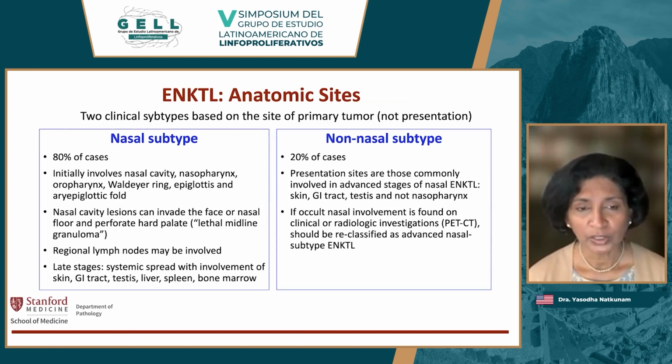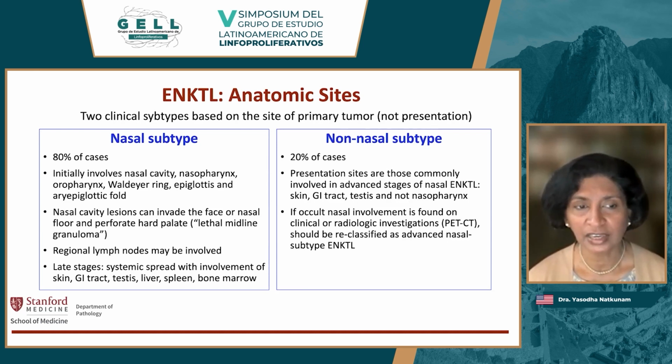In the new WHO 5th edition classification, there are two clinical subtypes which are now very nicely defined. And these are based on the primary tumor location, but not the clinical presentation, although this follows from the sites of presentation. So the first one is nasal type.